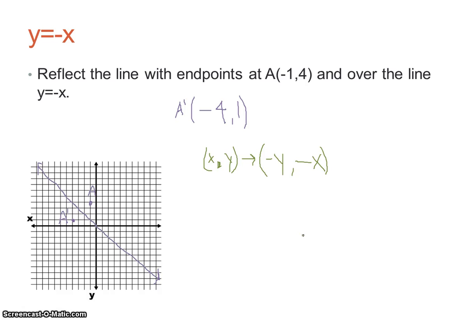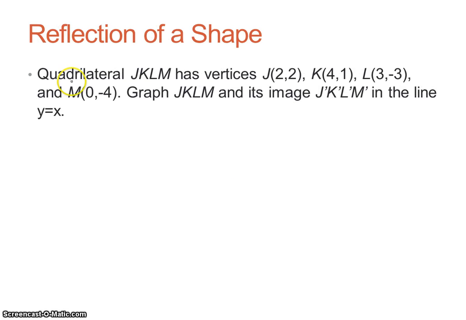Okay, now let's look at one more. So far we've been looking at points reflected over lines, and now we're going to look at a shape reflected over a line. So we've got quadrilateral JKLM with vertices J at 2, 2, K at 4, 1, L at 3, -3, and M at 0, -4. And we're going to reflect it over y equals x.